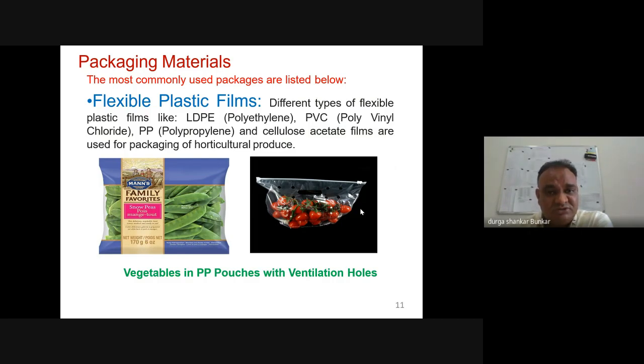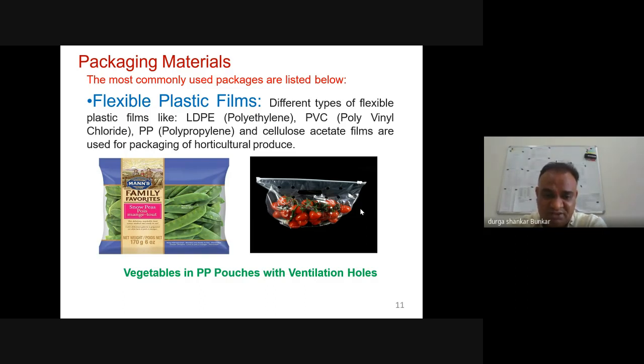If we go for a different classification, the flexible plastic film is a type of packaging material. Different types of flexible plastic film include LDPE, polyethylene, PVC, polyvinyl chloride, and PP. These are some of the materials, and cellulose acetate film is also used for packaging of horticultural produce. You can see that these are basically used for fresh produce.